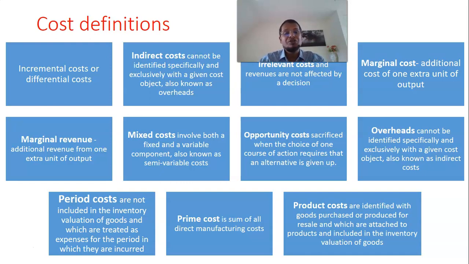Prime cost means the cost which includes direct material and direct labor together. Okay, that's the prime cost, the main cost, important cost of the product. Product cost means the cost that we can assign to a product, charged on a product, or the cost that we actually include in valuation of the inventory are the product cost. Okay.